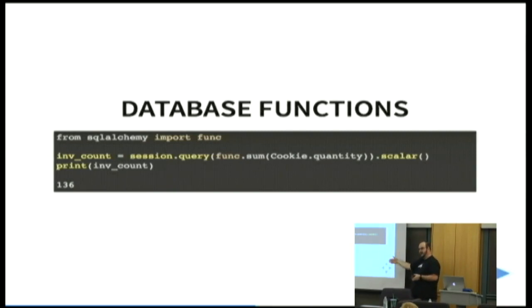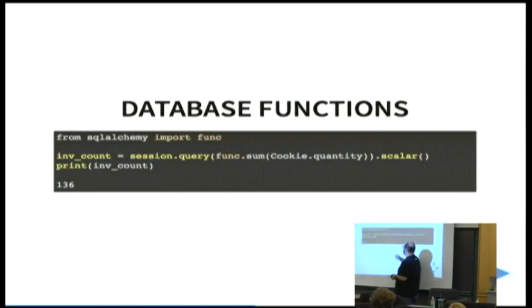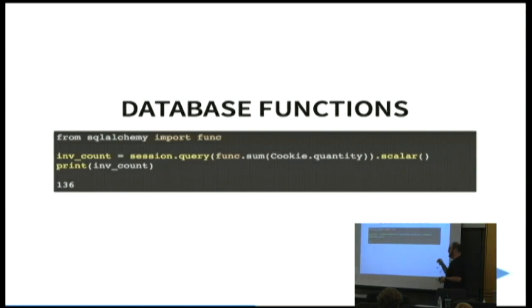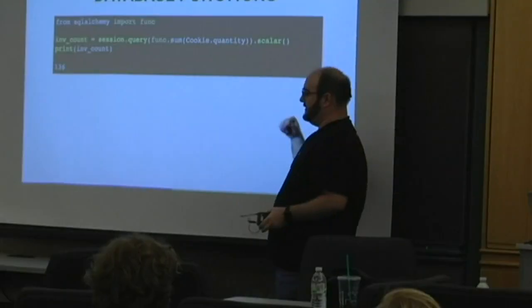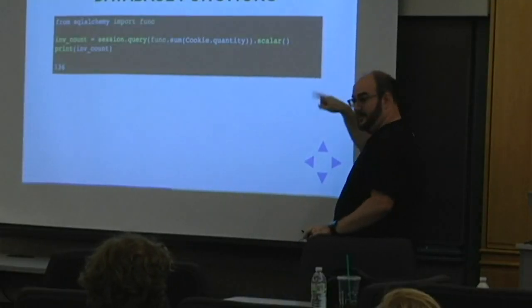So it knows what kind of database it's talking to, and then uses the functions that that database has available underneath the func module, right? So when we call func.sum, we are actually calling the sum function inside of Postgres. So when you string this statement, if you were to look at the SQL statement, sum is in there as the main word.